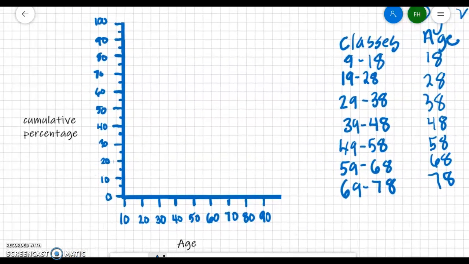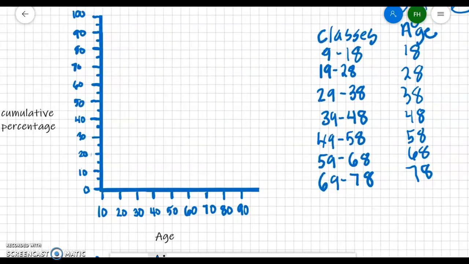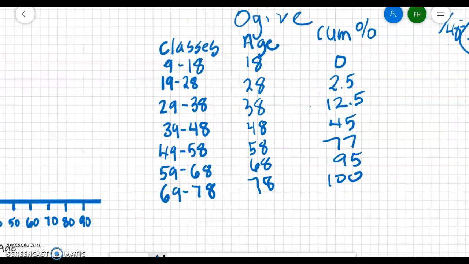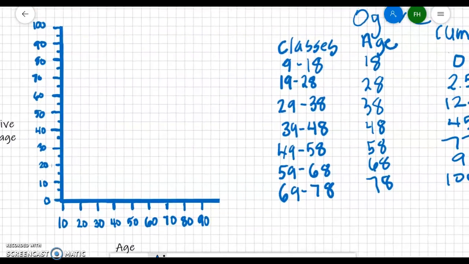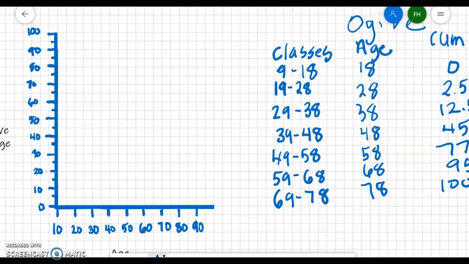So our first point that we want to graph is 18, 0. So our age is 18, and that's going to be at a cumulative percentage of 0. So about right here, and this is going to be approximate.